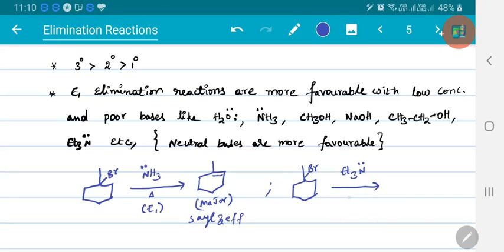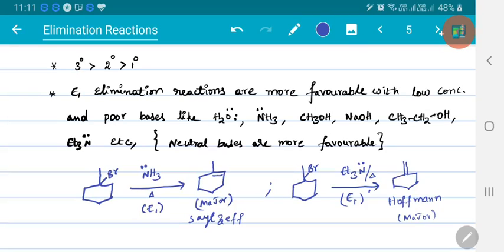So here also it is an E1 mechanism, but it leads to the Hofmann product, because the base is more crowded and feels more repulsion. Hofmann product is the major product. Right. So this is how E1 elimination reactions occur.